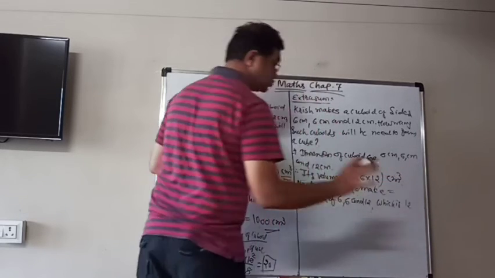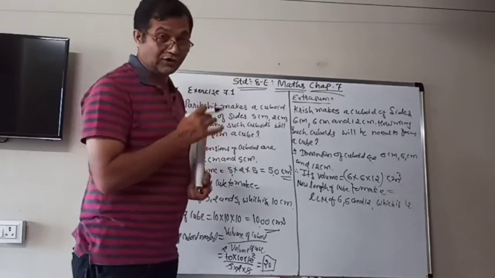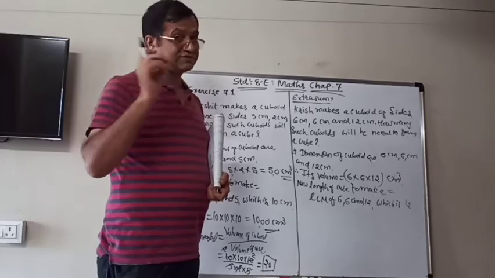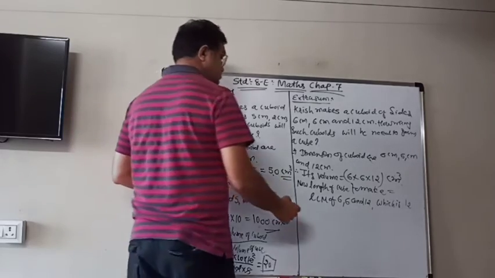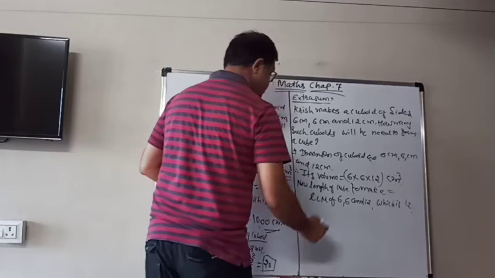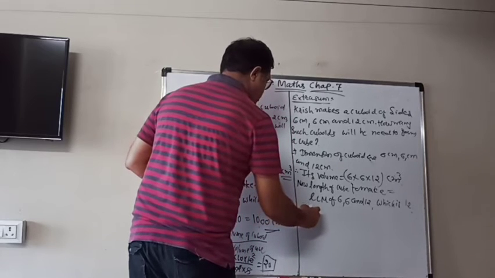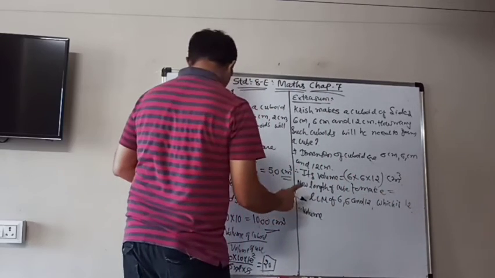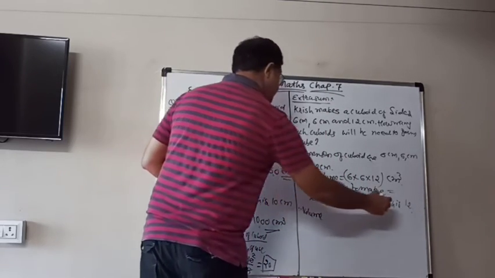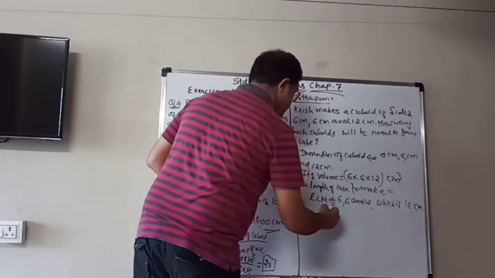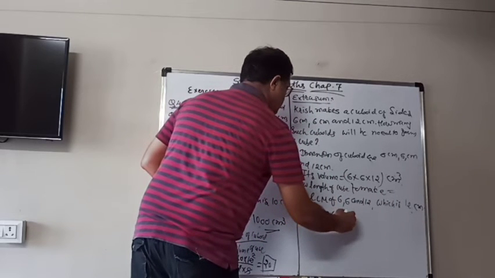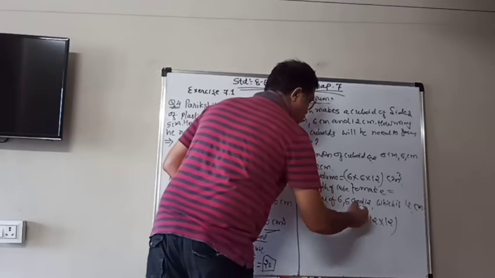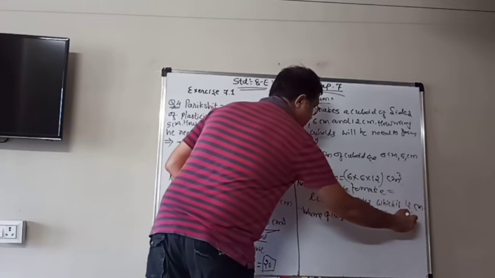You already learned how to find LCM, therefore I am not finding LCM again, because we already learned in the previous chapters. Therefore, the volume of the cube, which is 12, is equal to 12 multiplied by 12 multiplied by 12 centimeter cube.